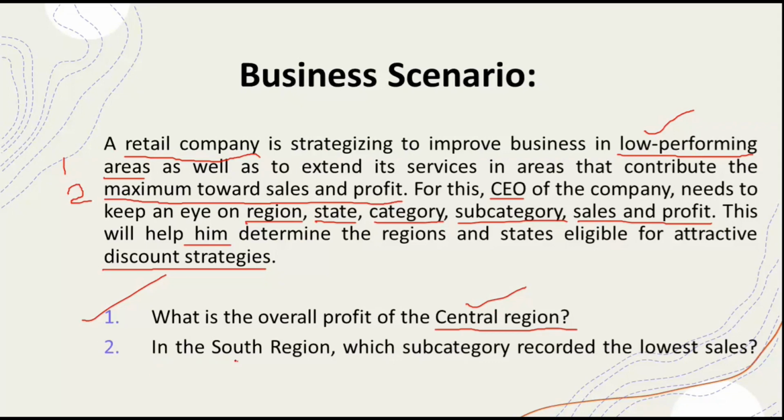Second, in the southern region, which category records the lowest sales? If we can recognize which subcategory has the lowest sales in the south region, they can implement some discounts on it. All right. So this will be the business scenario of Tableau for the analysis.